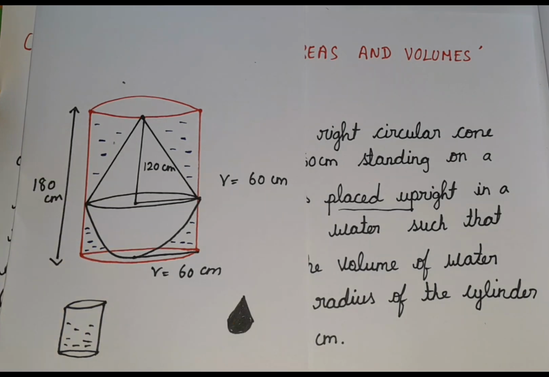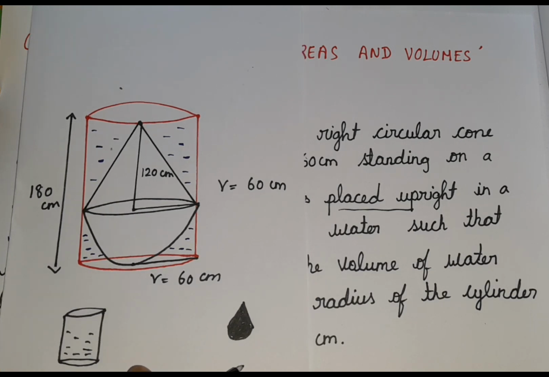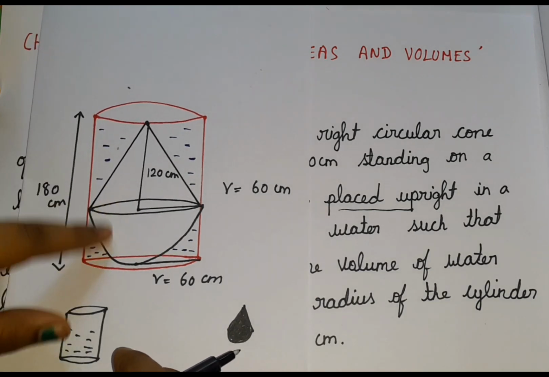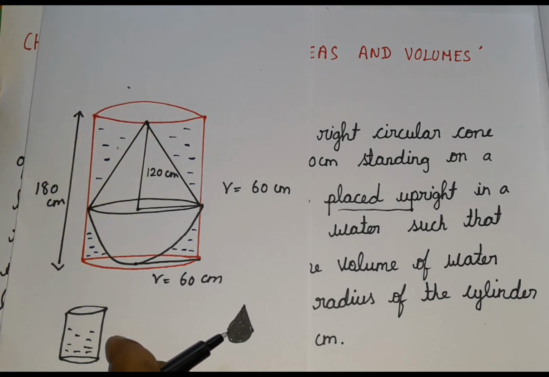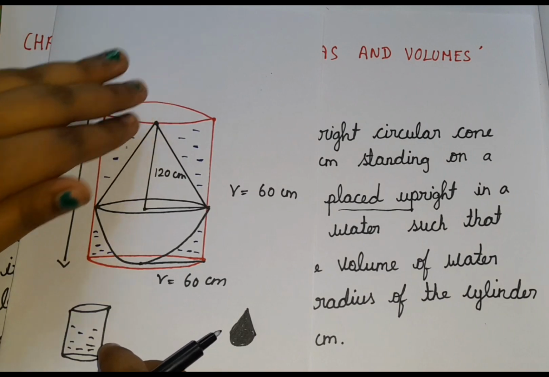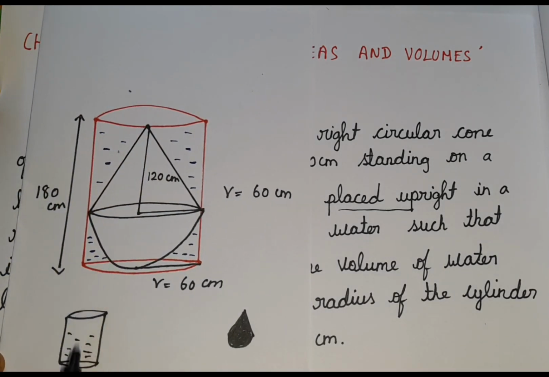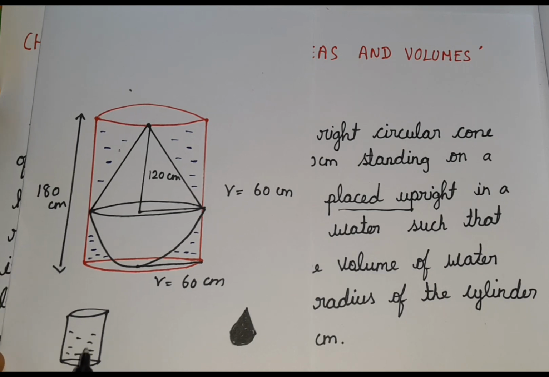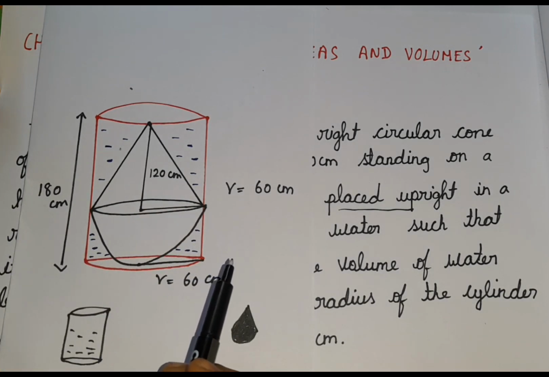Why am I doing it like that? Because we want to know how much water is left in the cylinder. To find that, we are supposed to remove these two figures. Because we want to remove it, we subtract it. Then only we will be able to find how much water is there. If we don't remove it, it is hard; here we have some water, and here it is completely solid.